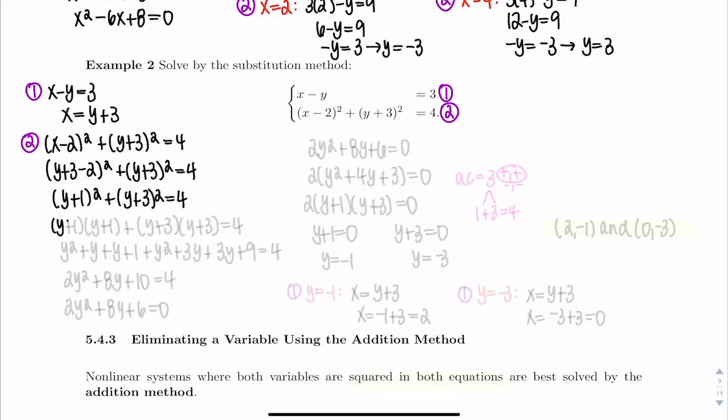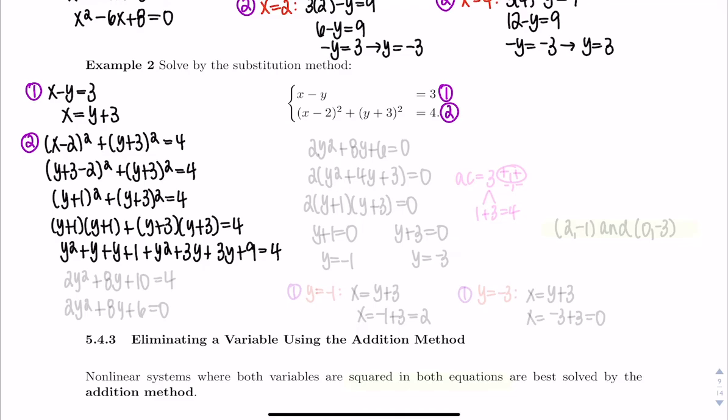So we're just going to write this twice and FOIL. And so we end up with y squared plus y plus 1 plus y squared plus 3y plus 3y plus 9 equals 4.